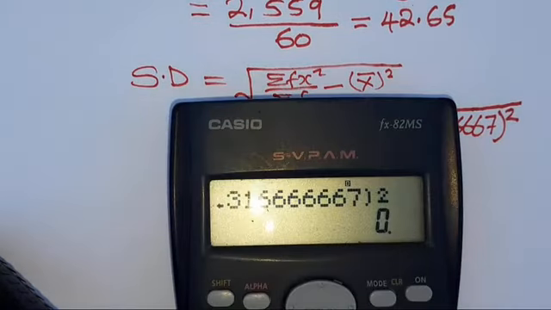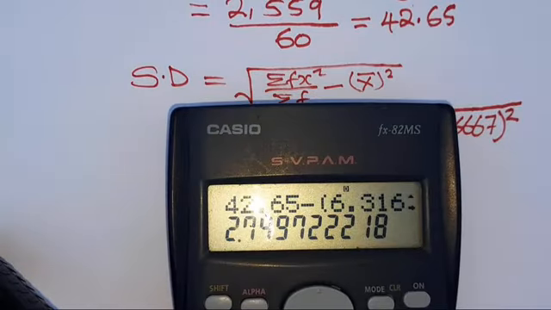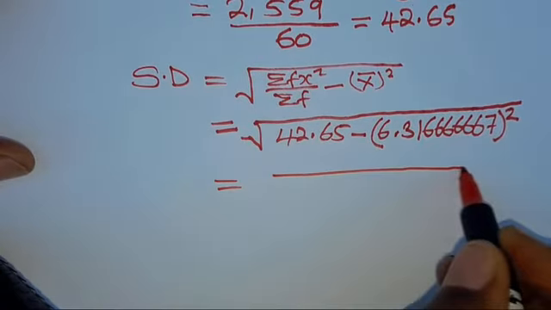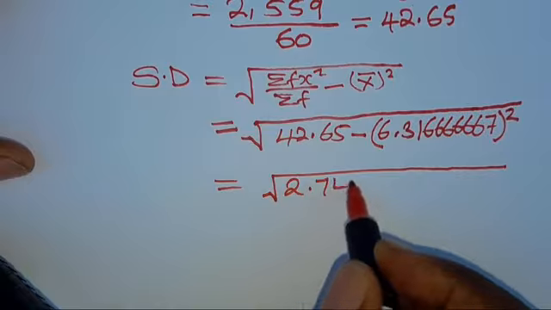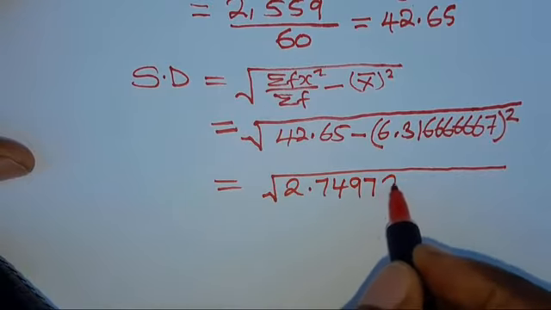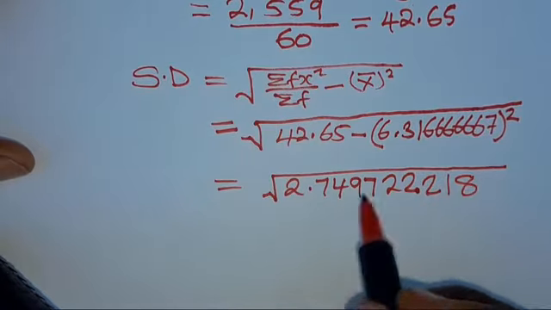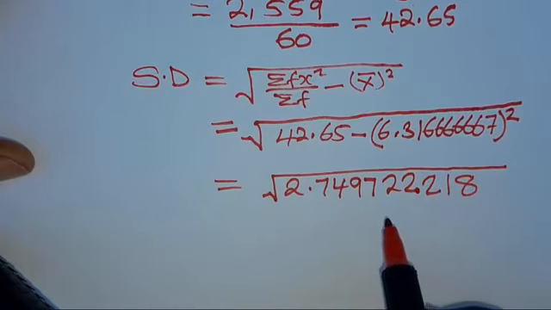Okay? So it's equal to. So you can see that we are having 2.7497, so we are having 2.74972218. I'm writing everything like this to avoid mistakes.